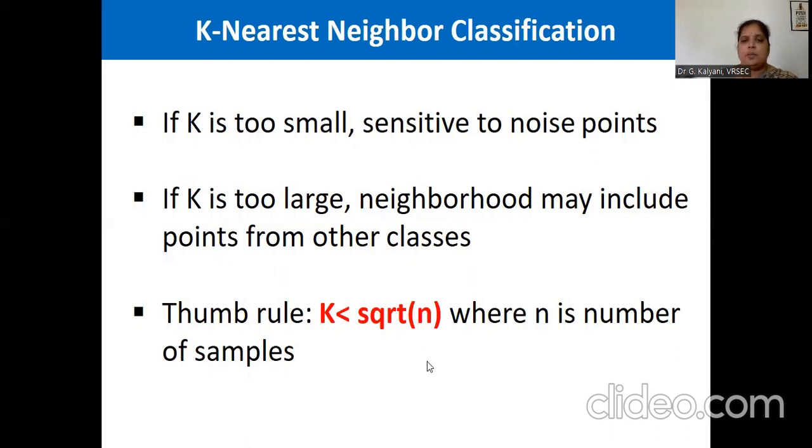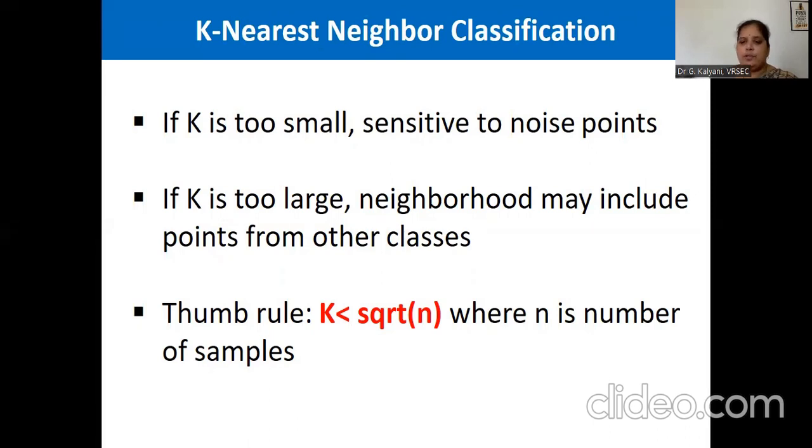Then what is the correct representation of the k value? So the thumb rule to select the k value is that the value of k which you are selecting in your application should always be less than the square root of n, where n is the number of instances in the training data set. It means that in your training data set, if the number of instances is 10, then the value of k should be less than square root of 10.